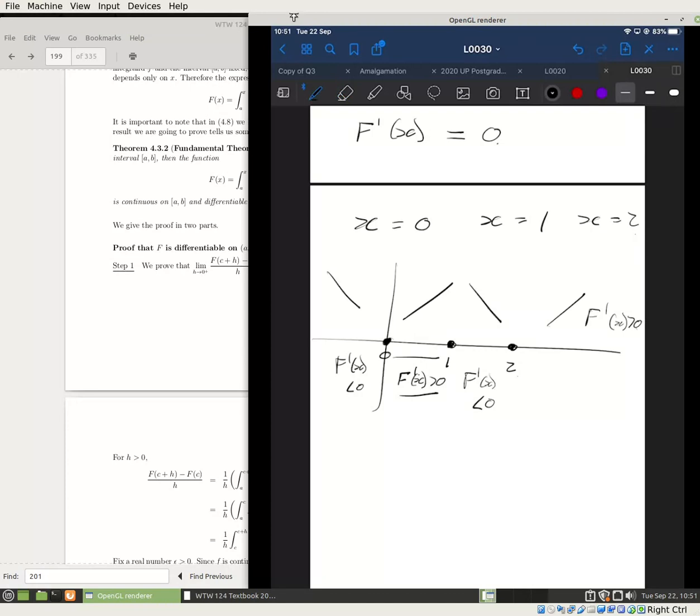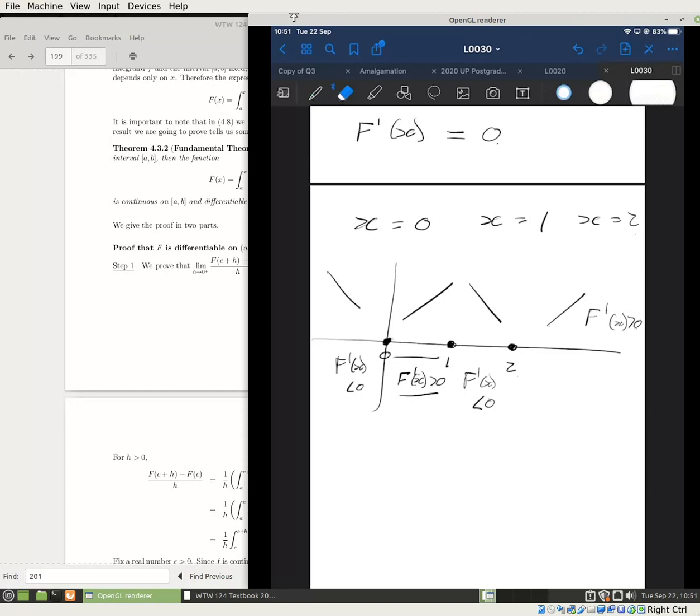Okay, so now we want to describe the function's behavior at plus infinity and at minus infinity, and this is important. We need to think a bit about this. The function could either have a horizontal asymptote, or it could go to infinity.